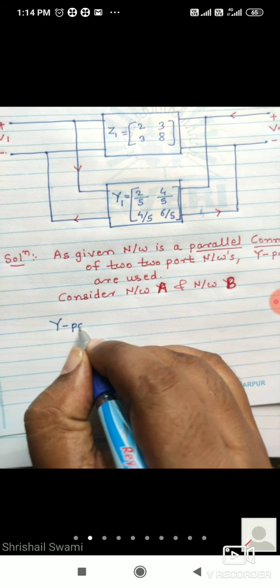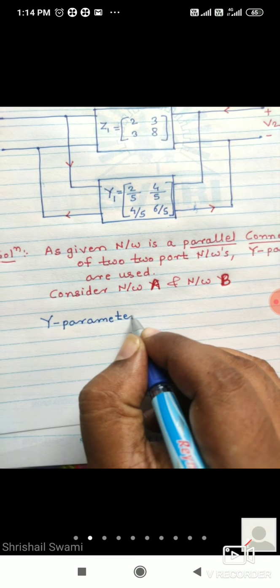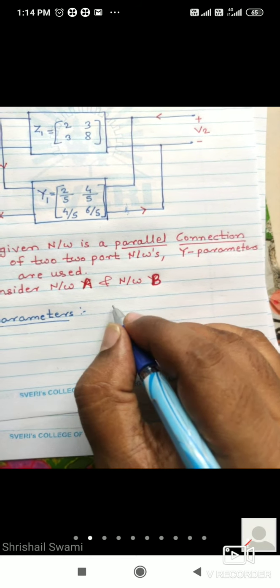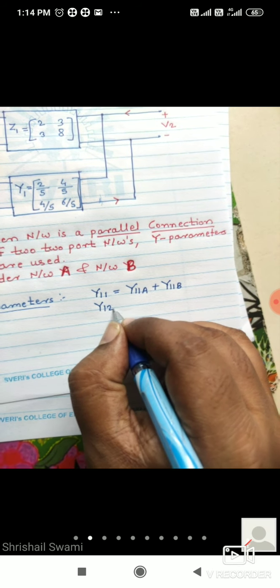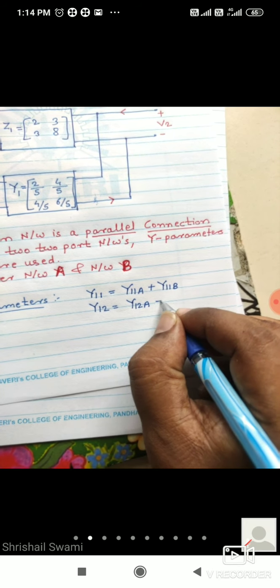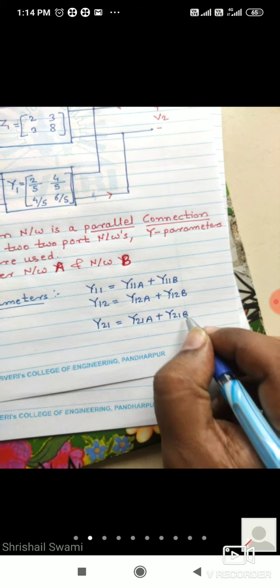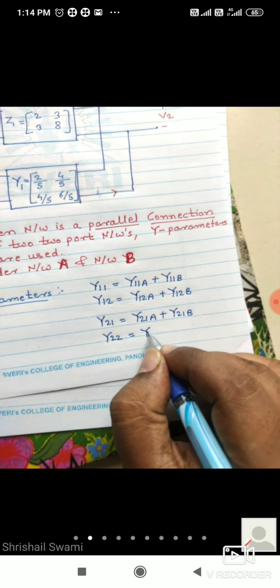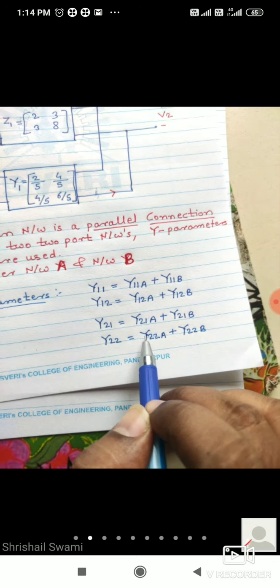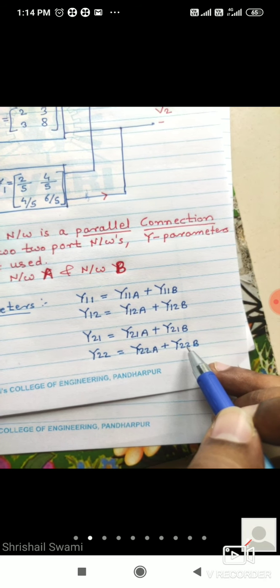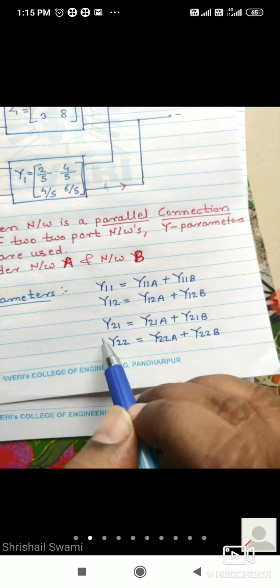The Y parameters are given by y11 is equal to y11 of A plus y11 of B, y12 is equal to y12 of A plus y12 of B, y21 is equal to y21 of A plus y21 of B, and y22 is equal to y22 of A plus y22 of B. म्हणजे काय? नेटवर्क A चे Y पॅरामीटर माहित असायला पाहिजे, नेटवर्क B चे Y पॅरामीटर तुम्हाला माहित असायला पाहिजे, तरच तुम्ही ओव्हरऑल Y पॅरामीटर्स फाइंड आउट करू शकता.